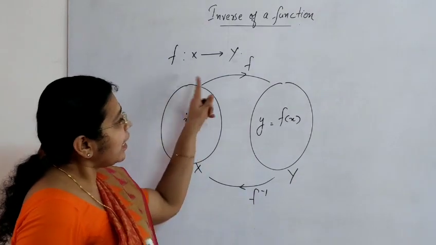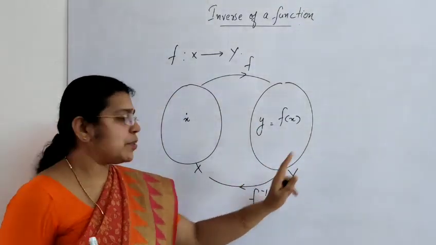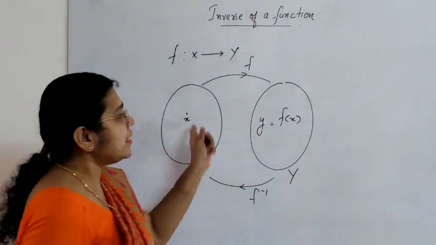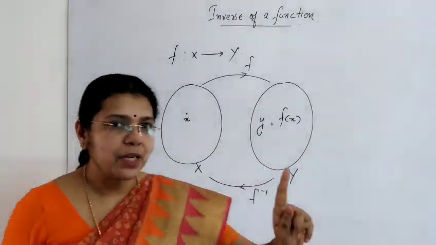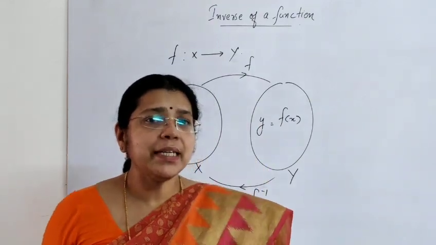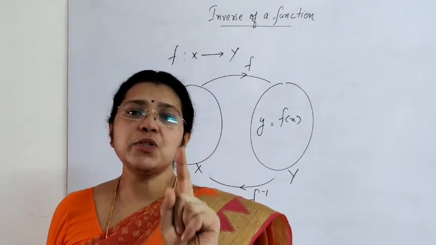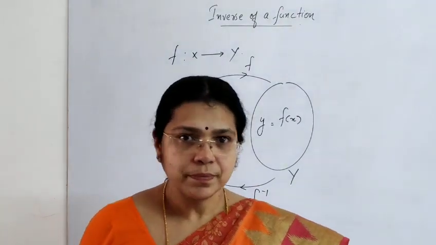Now whatever I have discussed on f must be there in f inverse also, which means this invertibility. Now I am coming to the condition. The invertibility of the function is only possible when the function is 1-1 and onto. Right?